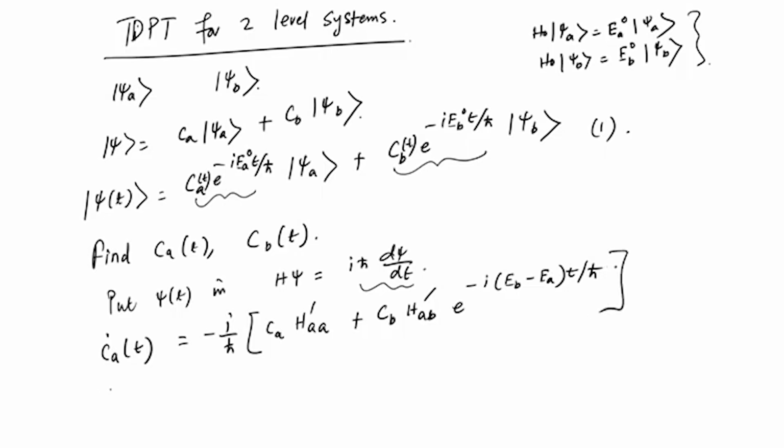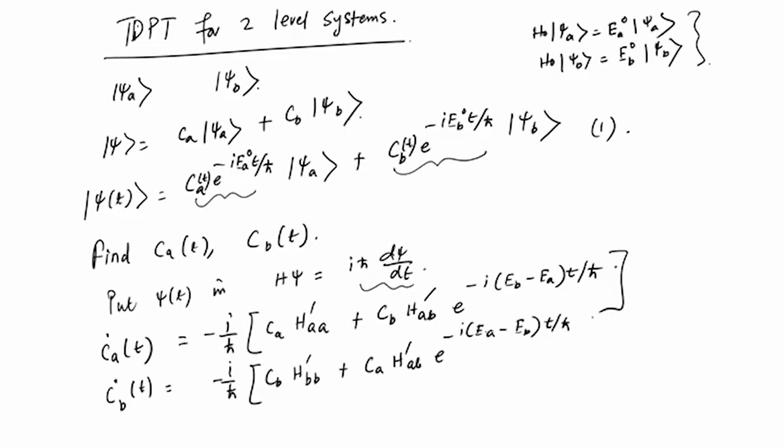And the other term, C B dot of t, is equal to minus i by h cross, C B H prime B B plus C A H prime B A exponential minus i, E A minus E B, t by h cross. Those are the two coupled equations that you need to solve.